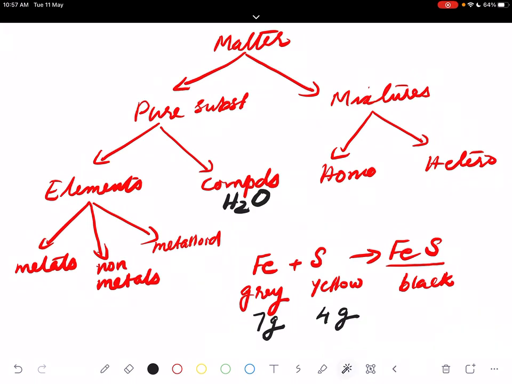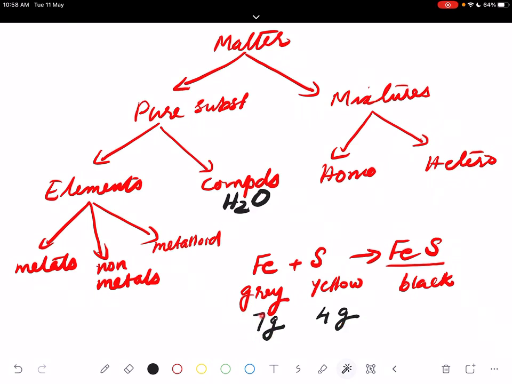If you are taking 7 gram of iron, you should have 4 grams of sulfur to make this iron sulfide. Means to utilize this complete 7 gram of iron to react, we need 4 grams of sulfur. So you'll be getting iron sulfide.